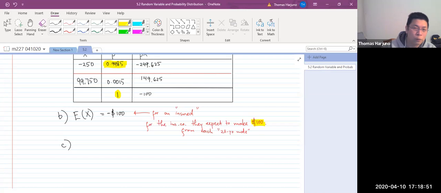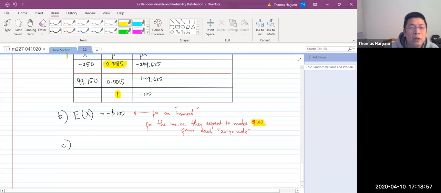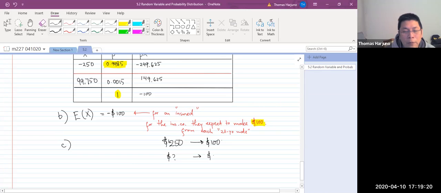I just want to volunteer my time to do this insurance, so I don't expect to make any money. Then how much the insurance policy is supposed to cost? Well, notice that if you pay $250, they make $100 profit. Okay, now then how much do you need to pay so that they don't get any profit?